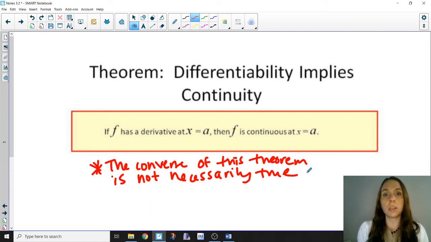So you need to be careful about these words and not using them interchangeably. You need to understand what they mean, okay? If something is differentiable, it is definitely continuous. However, if something is continuous, it is not necessarily differentiable everywhere because you could still have something like a sharp turning point or a vertical tangent.